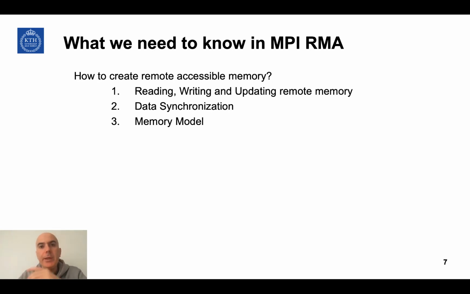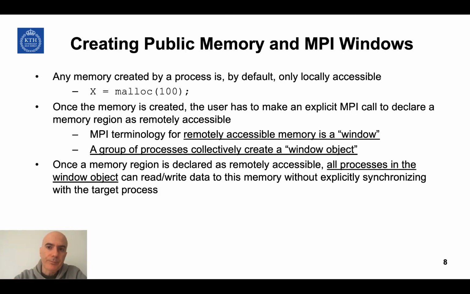So the first step is to look at how we can create this part of the memory that can be exposed to all the other MPI processes. That means that we want to create an MPI window. By default, we can use malloc or the new operator in C and C++ to create memory, like a variable or an array, that is local to the MPI process.